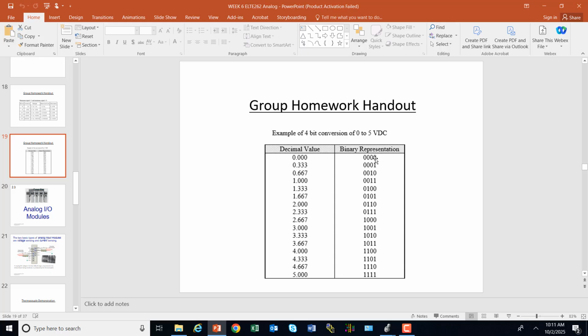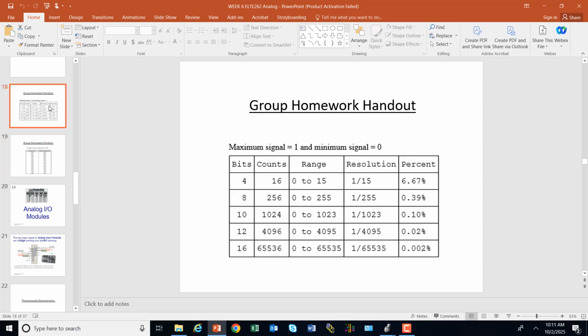Once again, here are my bits, my binary counting all the way up from 0 to 1111, which is 8 plus 4 plus 2 plus 1, 15. So I divide it, and 5 volts gets cut into these increments, divided by the 1/15 that we showed here.